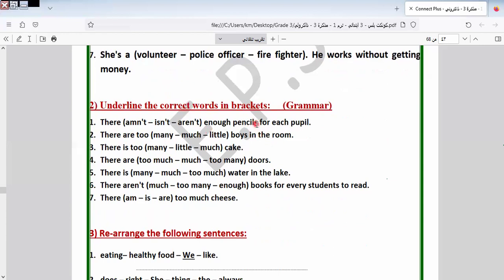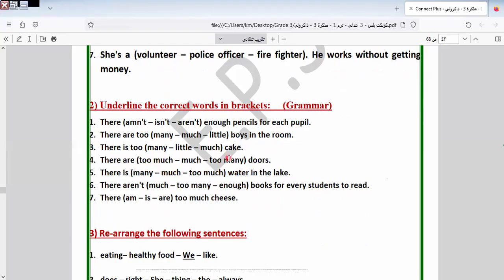Here we have pencils in plural, so I say there aren't enough. Why? Because we have s here. There are two boys in the room. Boys, can we count them or not? We can count them, so I say too many. Here is cake. There is too much cake because cake can't be counted.